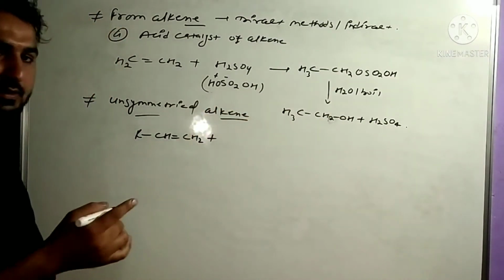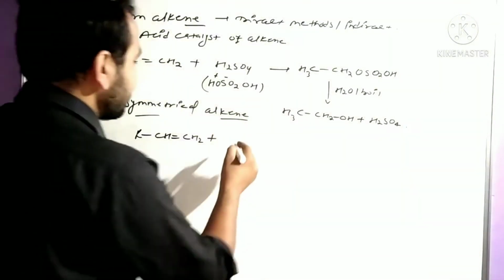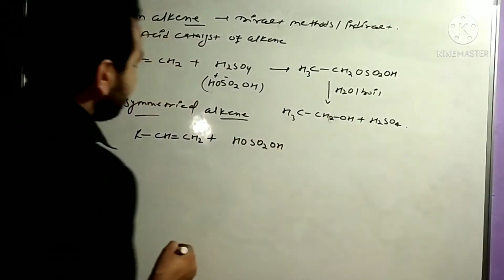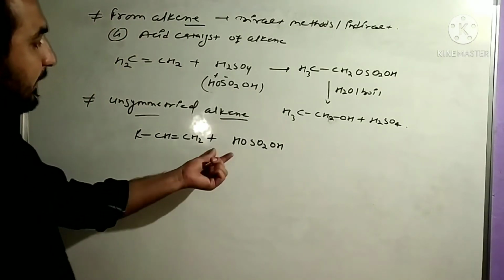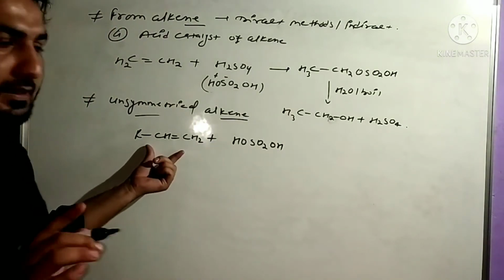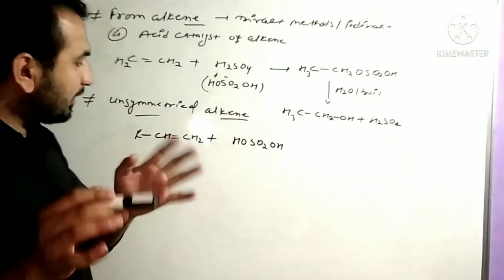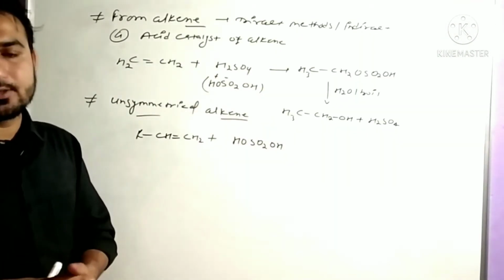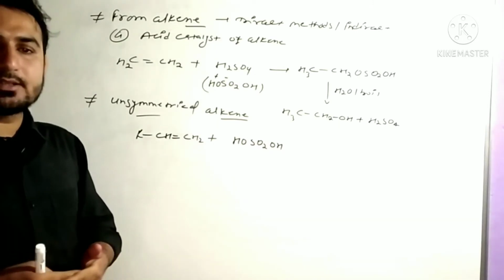Again you have an acid, HOSO2OH. Clear? Then you will see here again the unsymmetrical alkene is there, and remember your Markovnikov addition or the anti-Markovnikov addition. Markovnikov addition is the simple one.